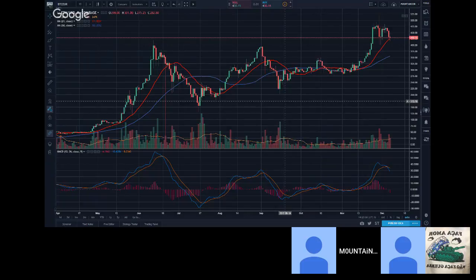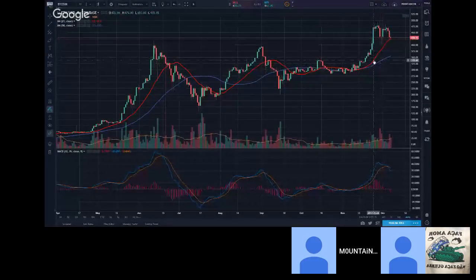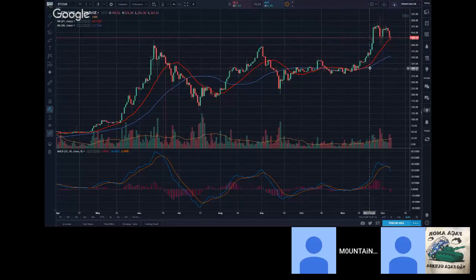But at the same time, you also don't want to make it so long that you can't get a picture of where the general trend is going. So you can see that our 21-day is giving us a picture of trend most recently by going up, whereas our 50-day takes a little bit longer to make that turn, okay?